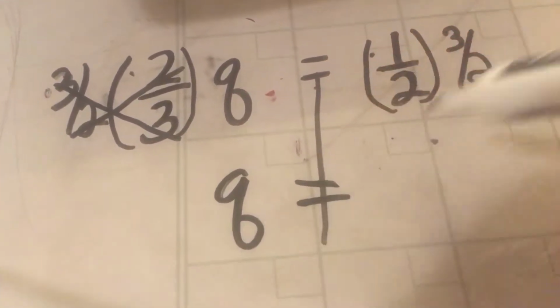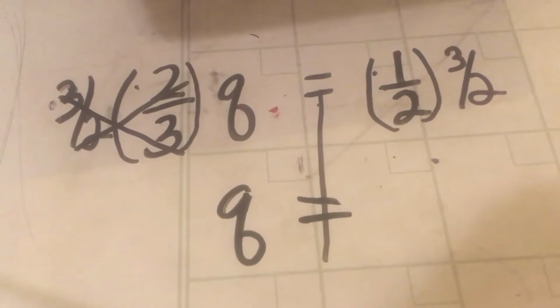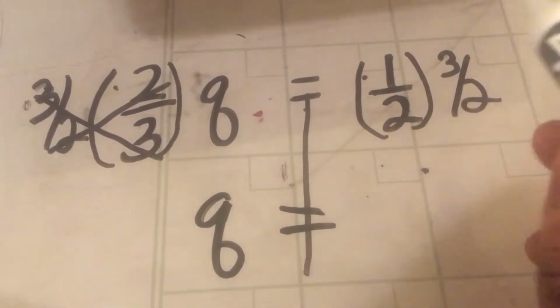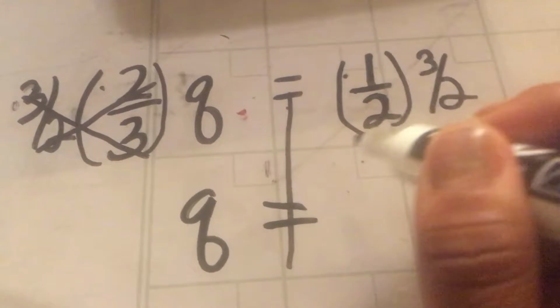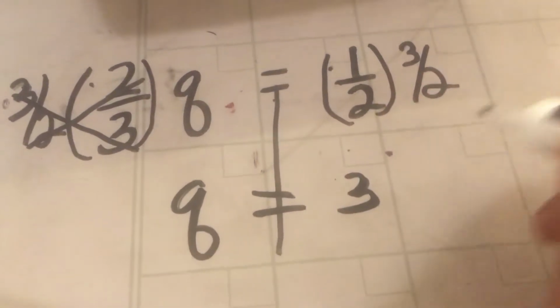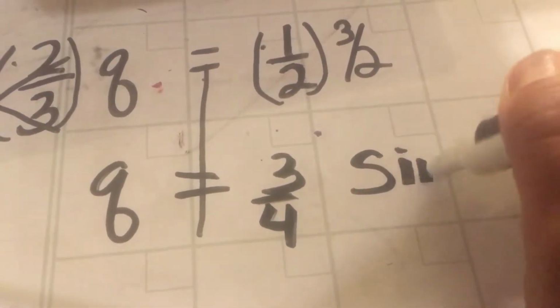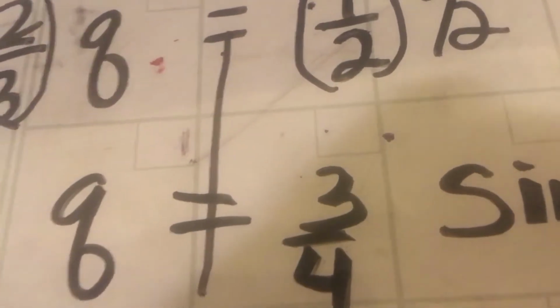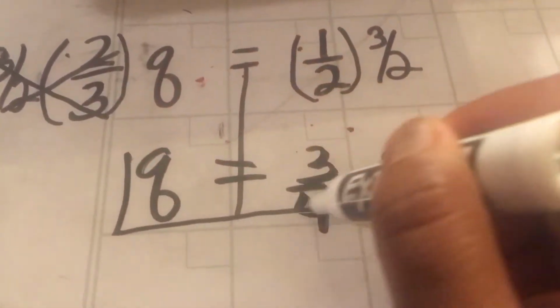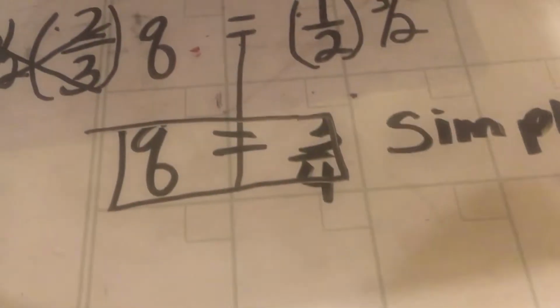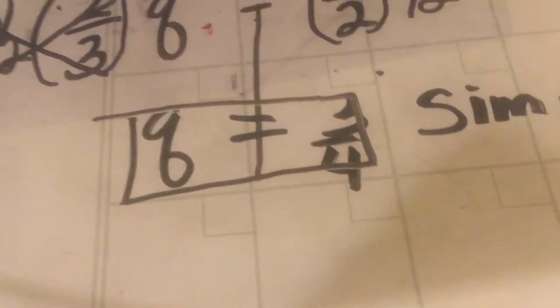Now we're left with q is equal to, now when multiplying fractions, remember multiply straight across. So 3 times 1 is 3. 2 times 2 is 4. And now it's in its most simplest form. And we're done. So box in your answer. Our answer is 3/4.